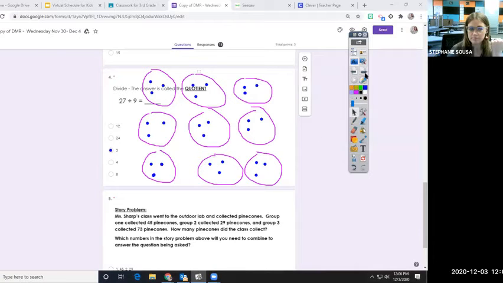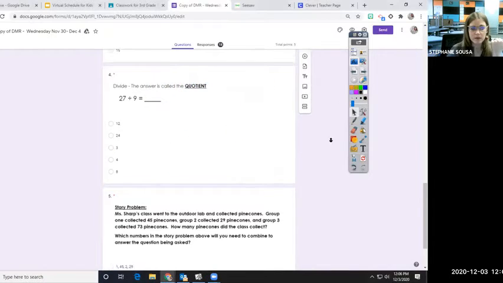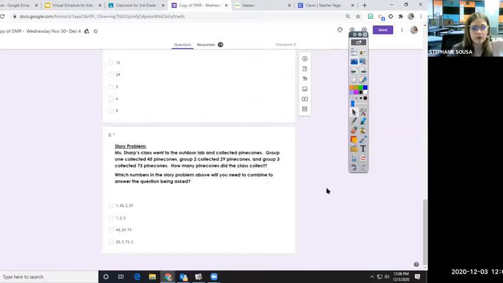Okay. All righty. Last one. We did pretty good. Same story problem from yesterday. Ms. Sharp's class is collecting pine cones. Group 1 got 45. Group 2 got 29. Group 3 collected 73. How many pine cones did the class collect?